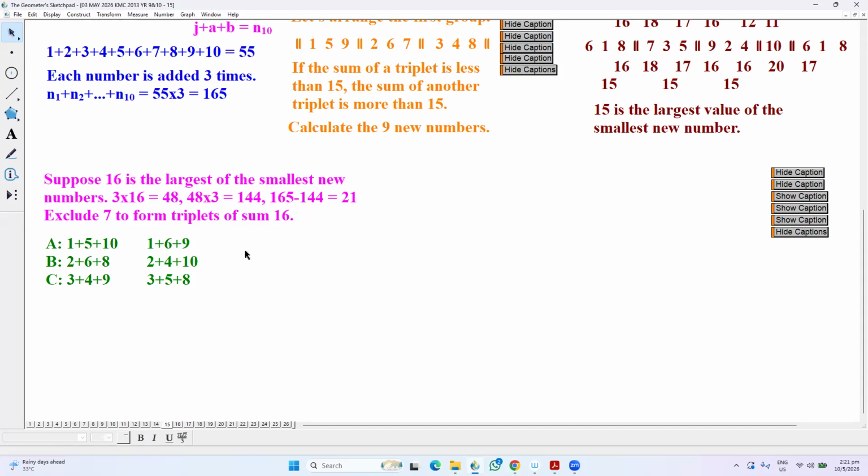If we put 1, 7, we're not allowed to use 7, exclude 7. So only 2 cases again. If 1 must find 10 or 6 and 9. Then we need 16, so we add 14, add 13, 14 and 13. So these are the triplets, 2 sets of triplets.